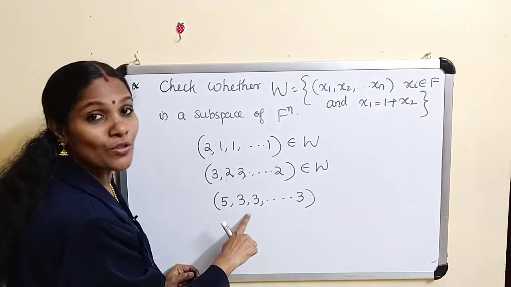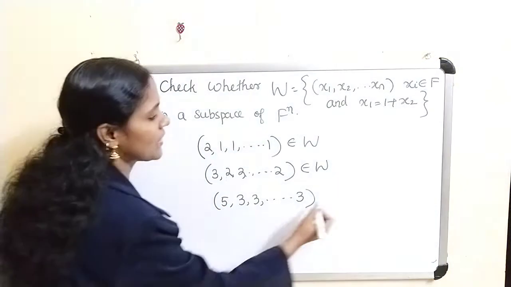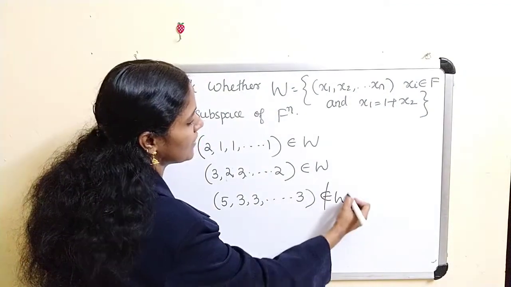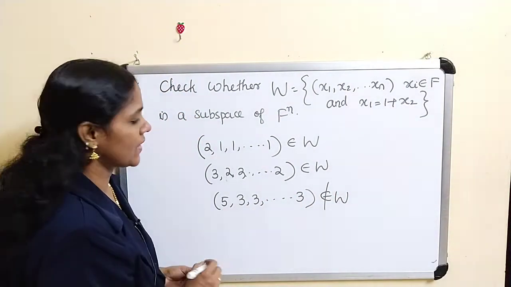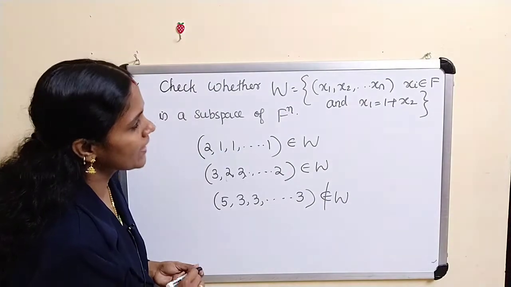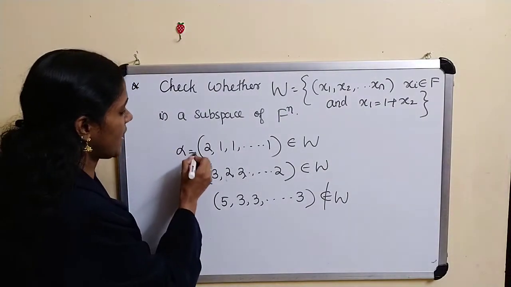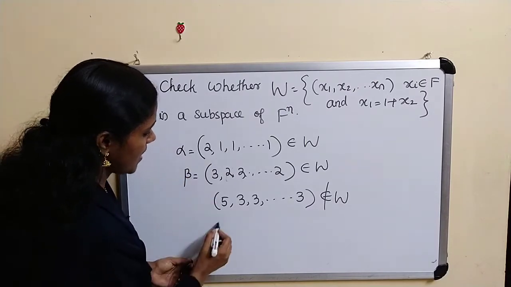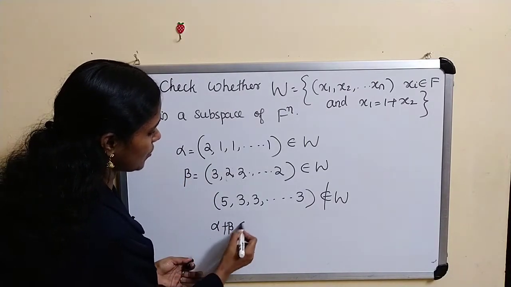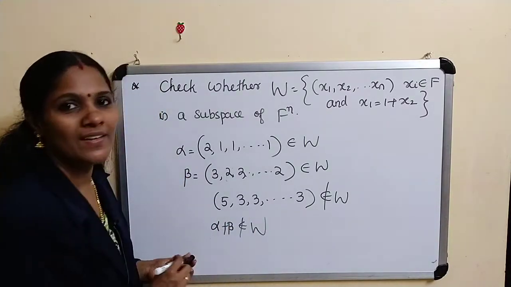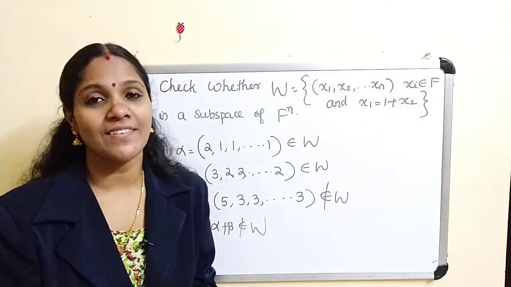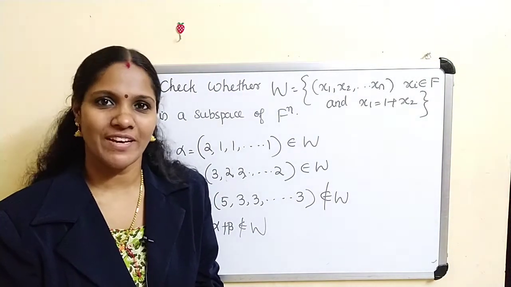But 5 is not 1 plus 3, therefore clearly this does not belong to W. So if you take alpha equal to this one and beta equal to this one, then alpha plus beta does not belong to W. This implies W is not a subspace of Fn.